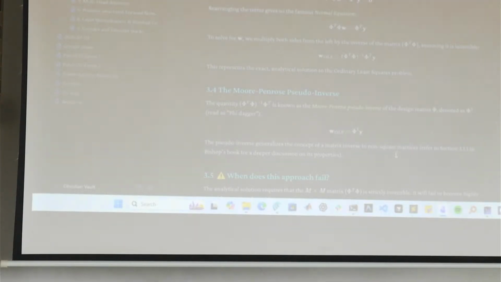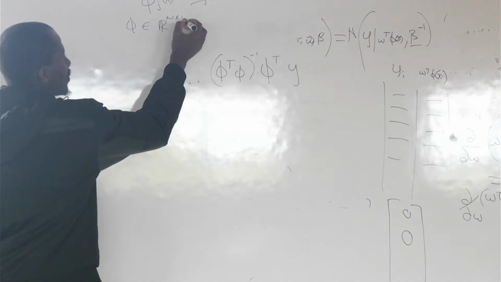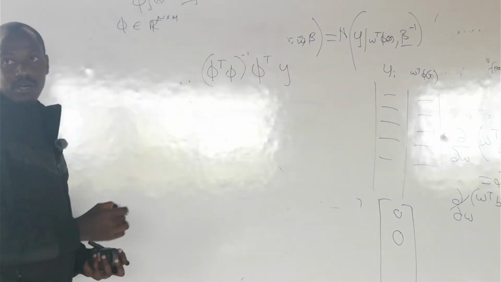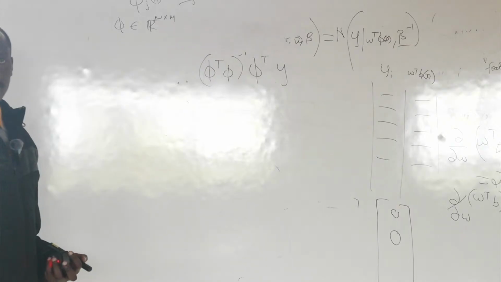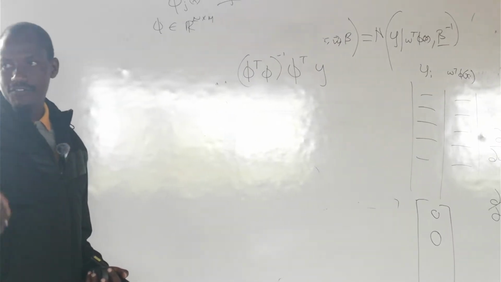What was the dimensionality of the matrix phi? It was an n by m matrix, where n is the number of samples and m is the number of features.